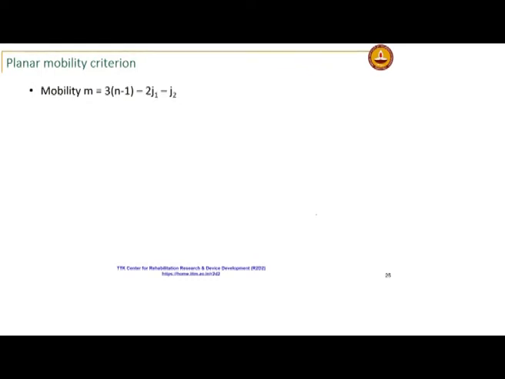If I have one link moving in the plane, to completely specify the motion of that link, how many degrees of freedom do I need?